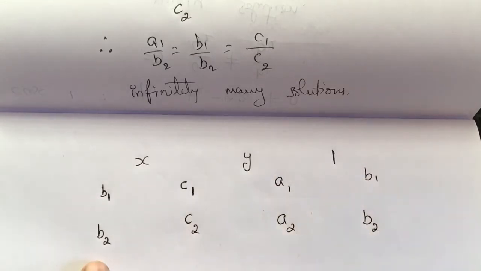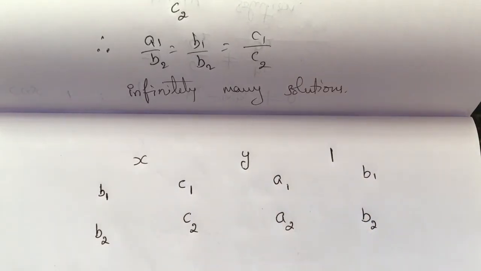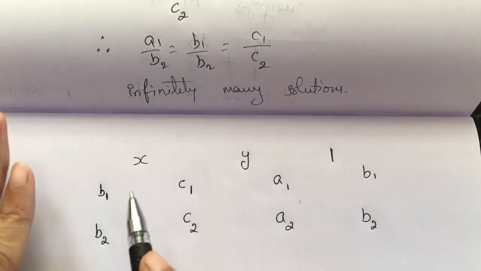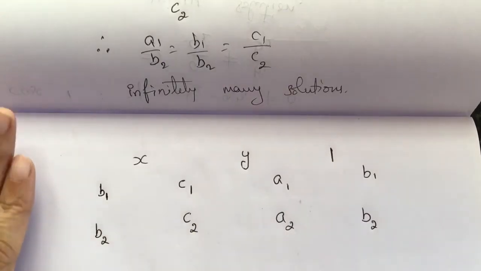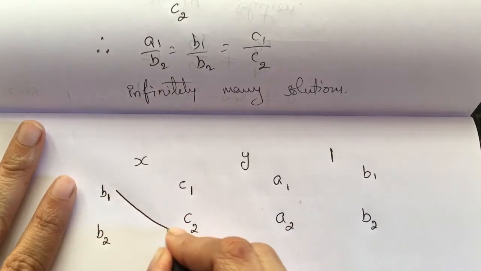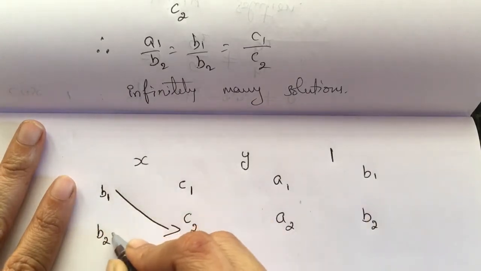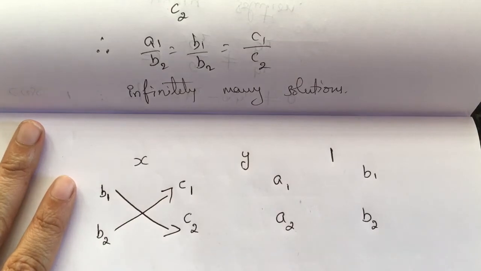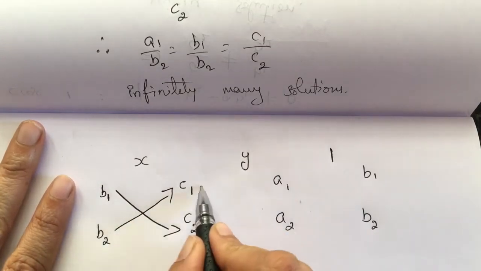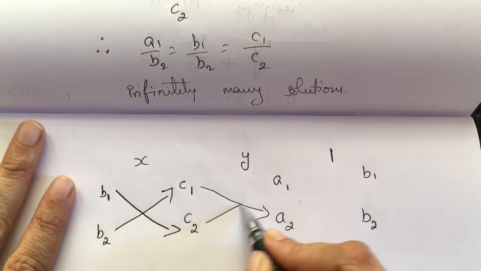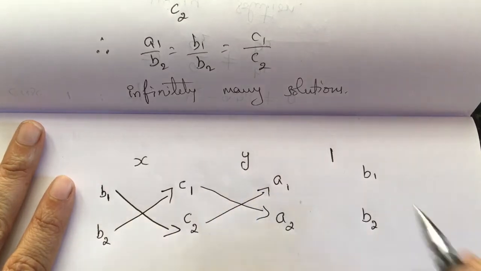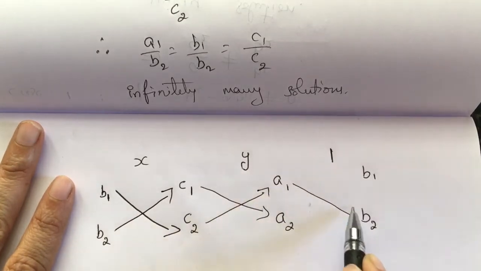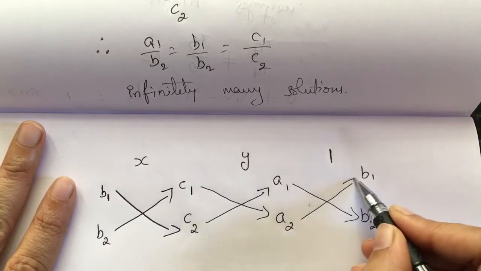So you are starting with B and ending with B. Now you take from left to right and top to bottom. So B1 into C2 minus B2 into C1. Then C1 into A2 minus C2 into A1, divided by A1 B2 minus A2 B1.